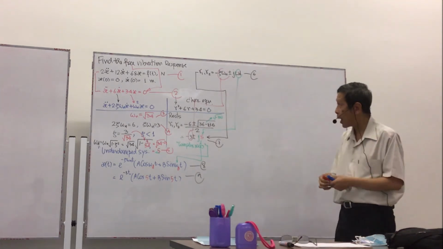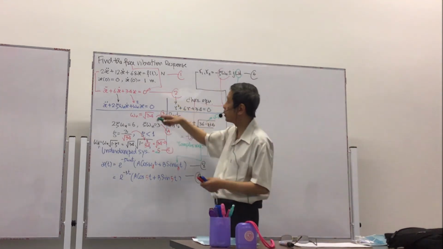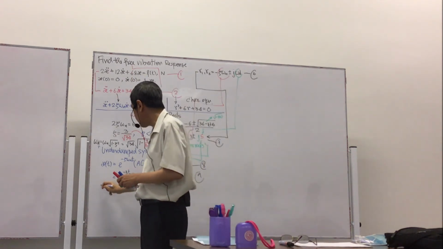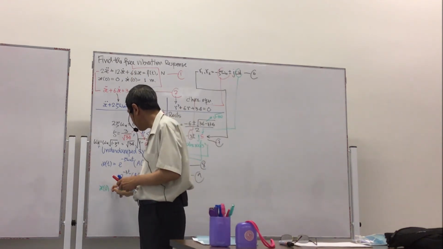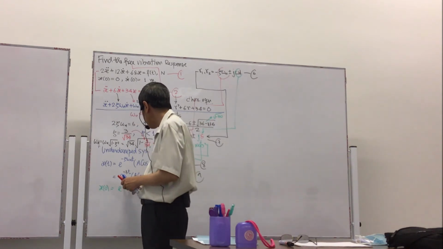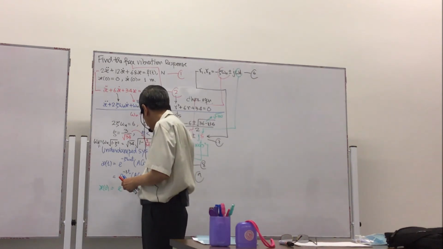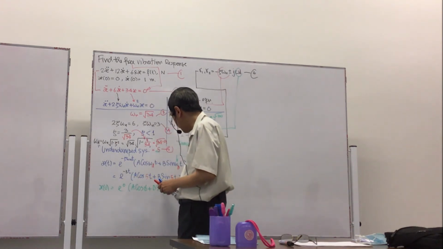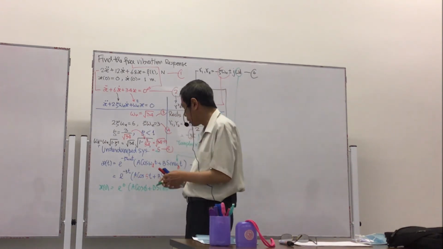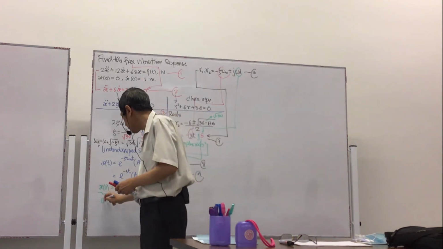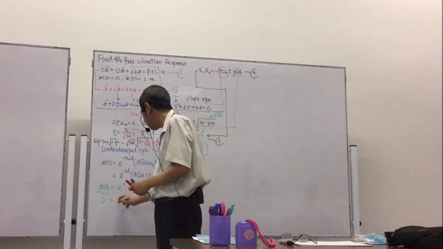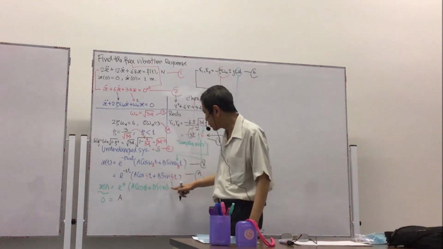From equation 9, we know the initial condition at time equal to 0: f of 0 equals e to the 0, a cosine 0 plus b sine 0. Since this is 0, we're left with only a times cosine 0.